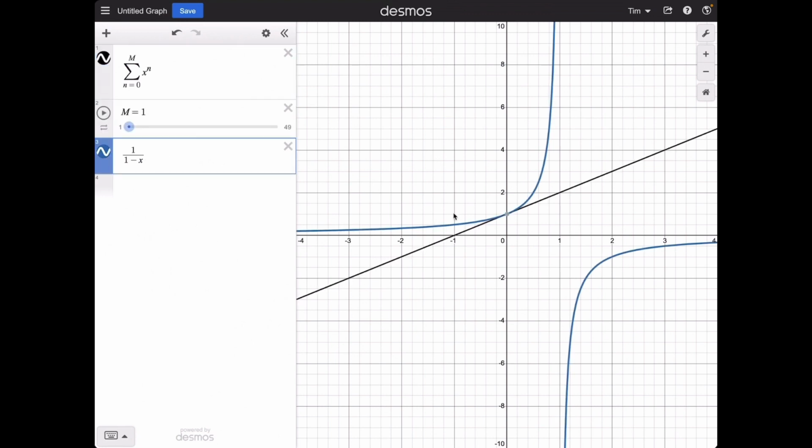Taking more and more terms, watch how the power series starts to look more and more like the function 1 over 1 minus x, as long as we stay between -1 and +1. In fact, we can restrict this here. I can add in a squiggly bracket, -1 less than x less than 1, and that will only give us the portion of the curve for 1 over 1 minus x between x equals -1 and +1.